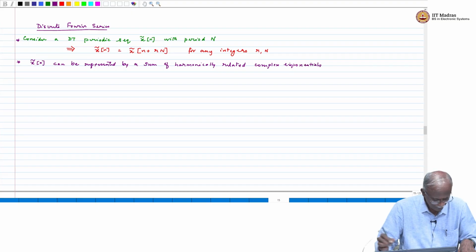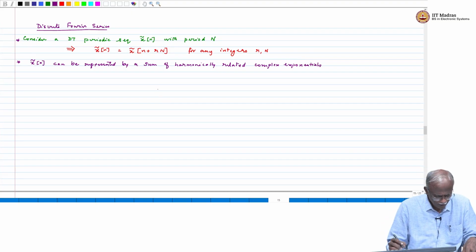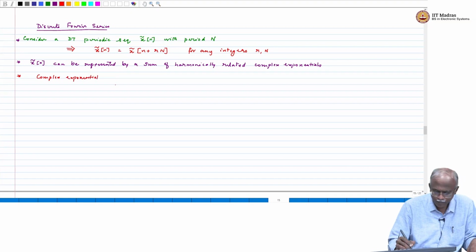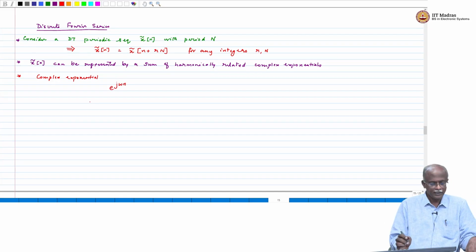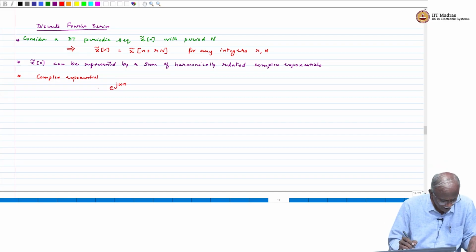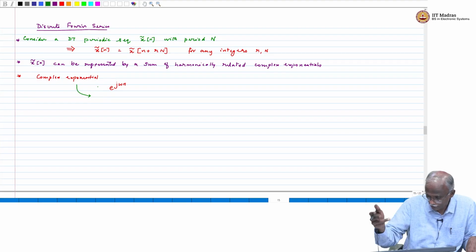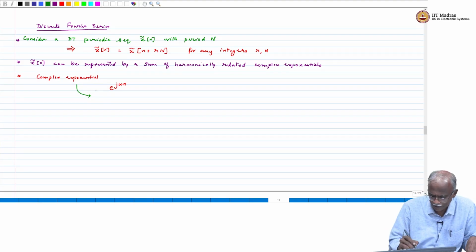Okay, so what do we mean by that? If you define a complex exponential, it will be of the form e power j omega n. That's basically the form of a complex exponential. Now we want those complex exponentials that are periodic with period equal to N in the time domain.